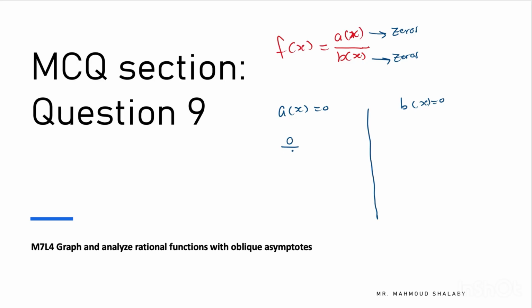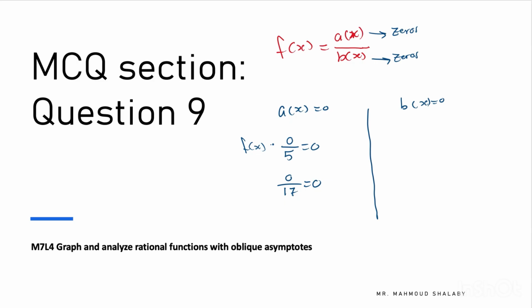If I have any question like 0 over 5, what is the answer? If the numerator is 0, 0 divided by 5 is 0. 0 divided by, let's say, 17, the answer is yes, 0. So whatever the denominator is, if the numerator is 0, the answer of the function will be 0.